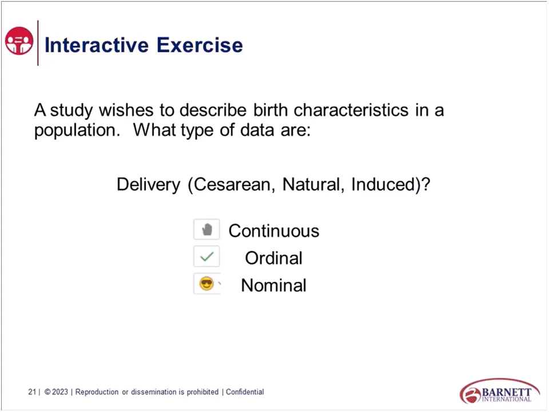Now, some could argue it's ordinal, because if you assign, say, pain of delivery, you might find that induced might be more painful than natural or cesarean, and some might consider it ordinal. But in this case, if I was analyzing these data, I'd analyze them as nominal data.